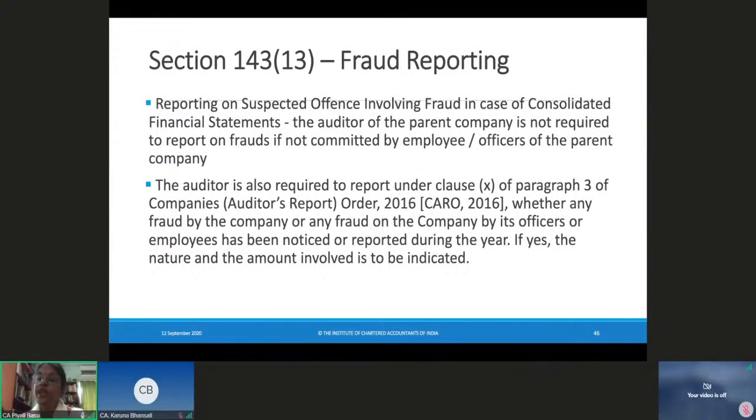Tomorrow it's going to be so high that it's going to be material, and because you, the auditor, even when it came to your notice, didn't inform, there would be a problem for the auditor also, that why you could not identify it, as you have seen in several cases of fraud, in the bank frauds and all, that audit has happened.